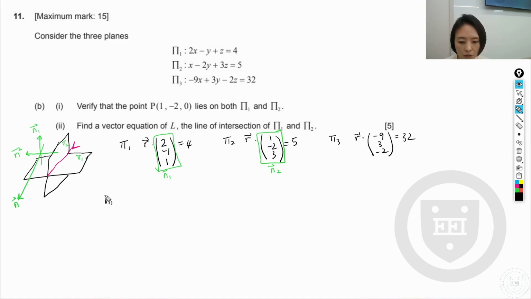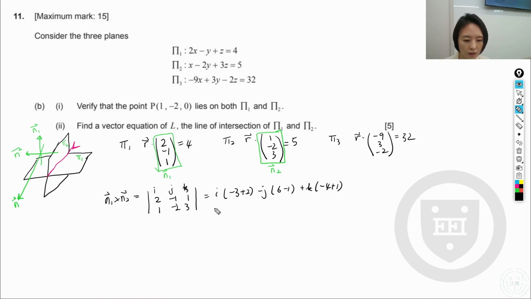So N1 cross N2, we can find using ijk: 2, negative 1, 1, 1, negative 2, 3, which is i times (3 minus 2) minus j times (6 minus 1) plus k times (negative 4 plus 1), which is i minus 5j minus 3k.